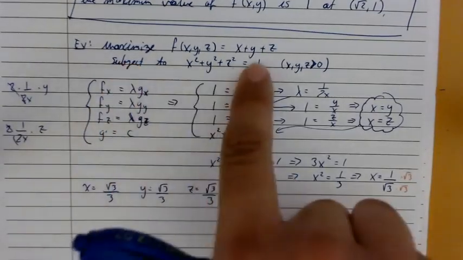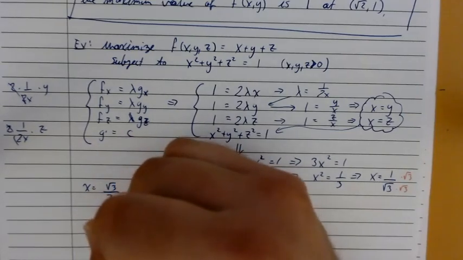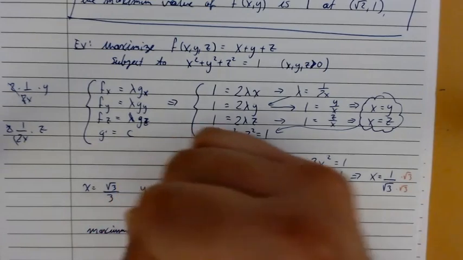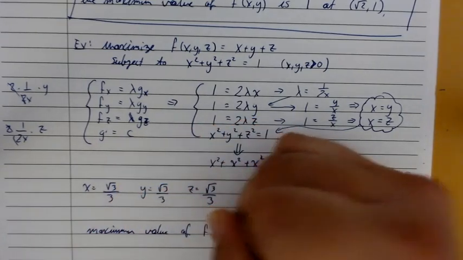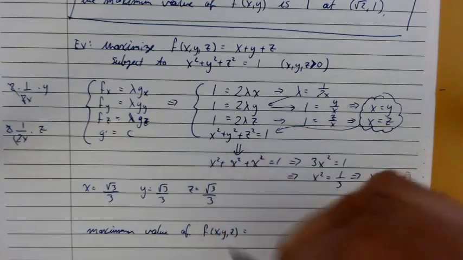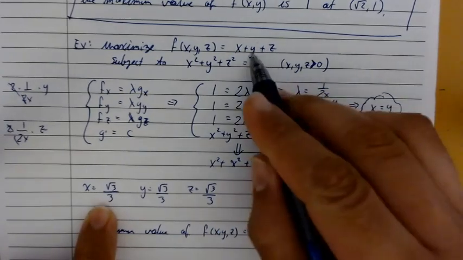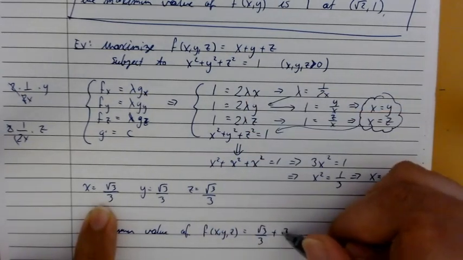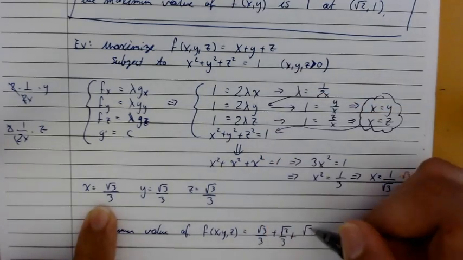So, in the end, I'm trying to maximize this function. The maximum value of f of x comma y comma z is going to be root 3 over 3 plus root 3 over 3 plus root 3 over 3.